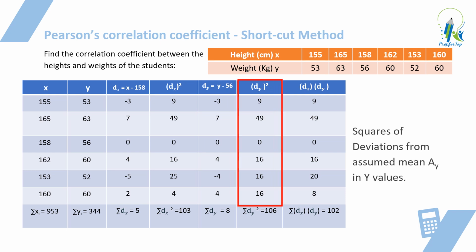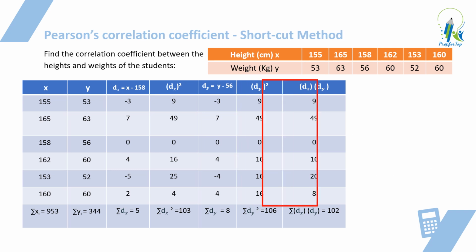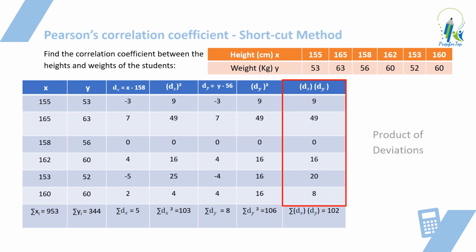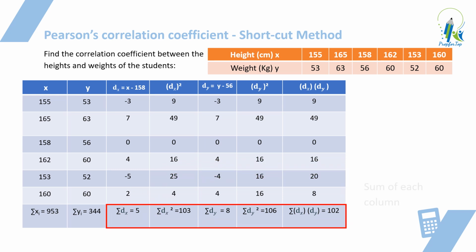Squares of deviations from assumed mean Ay in y values. Product of deviations. Sum of each column.